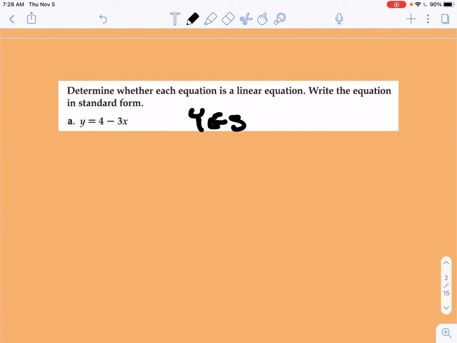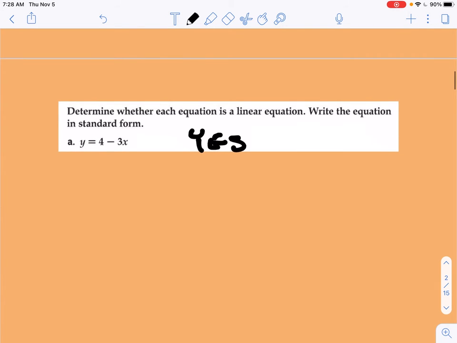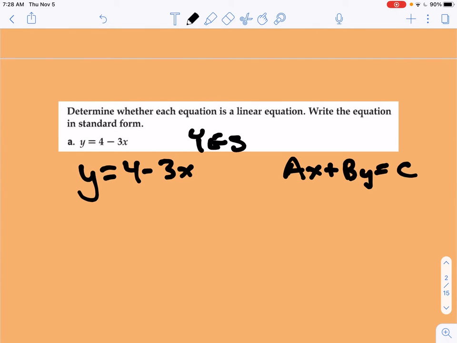And then what I'm going to do is work on putting this into standard form. And so the way I'm going to do that is recognize that I have to have the x and y on the same side as each other because you've got this ax plus by equals c, right? And we know that a has to be positive as well. So if that's the case, my x term right now is -3, and that's negative.